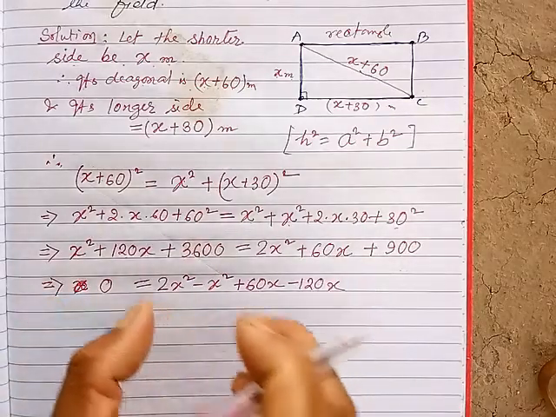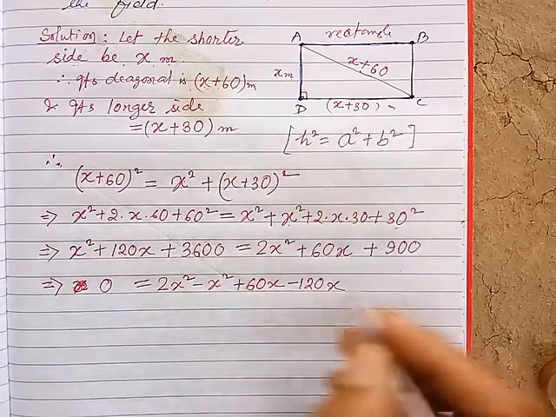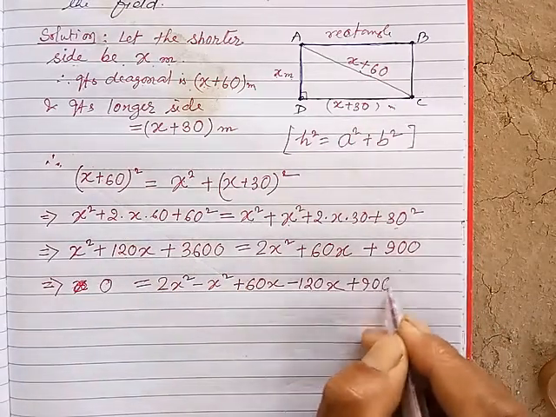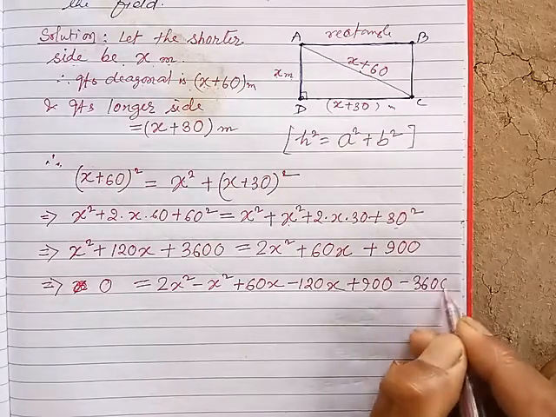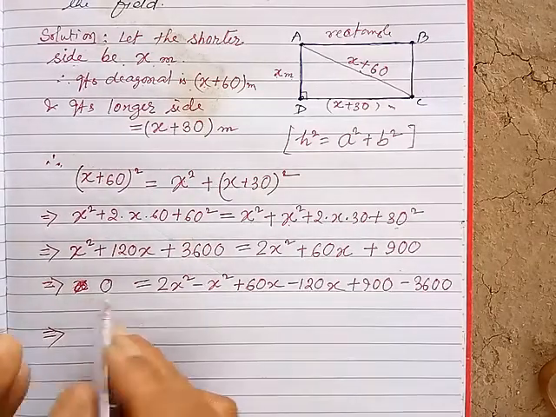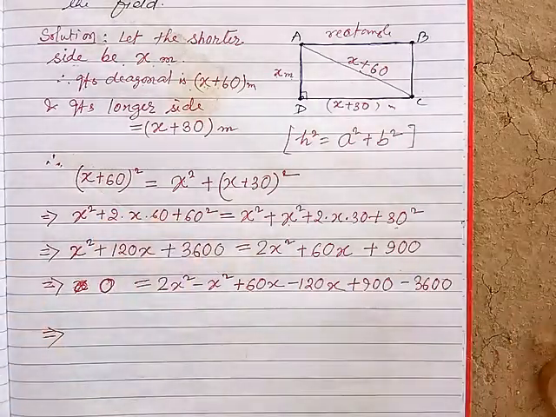At the same time I am arranging those like terms. Again, 3600 I am taking to the right side, but there is 900, so it will be minus 3600. Okay, and in the left side nothing remains, that is 0, because everything I took to the right side.